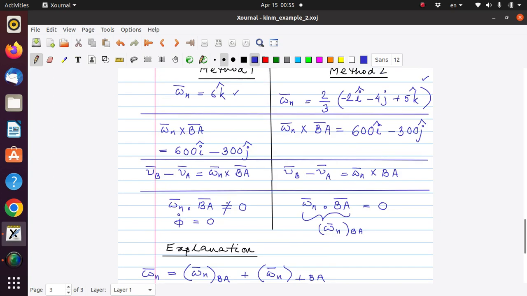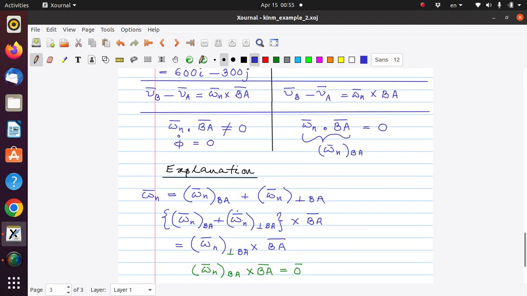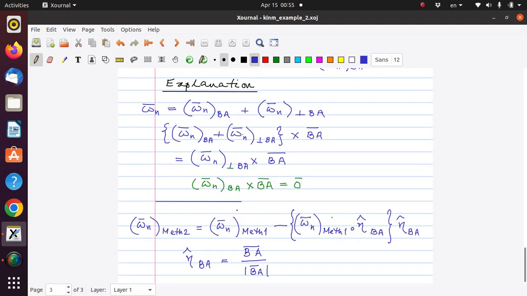In the book they have taken omega n along BA as 0, we have taken omega n along BA not equal to 0. So what is the relation between the omega n's obtained from both the methods? The Meriam method, that is whatever is done in the book, omega n in method 2 is omega n in method 1 minus the along component from it.